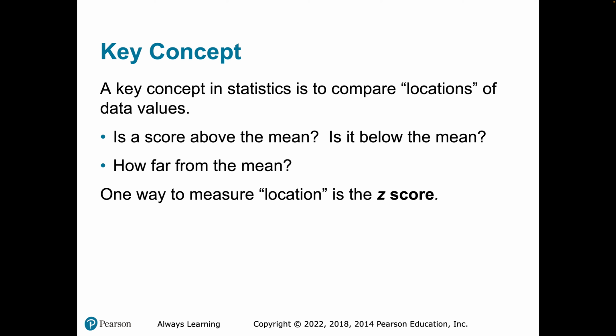The z-score is a concept in statistics that provides to us a location of a data point. The first thing it addresses is whether the score is above the mean or below the mean, and then how far away from the mean in standard deviations. The way to measure this is called a z-score.